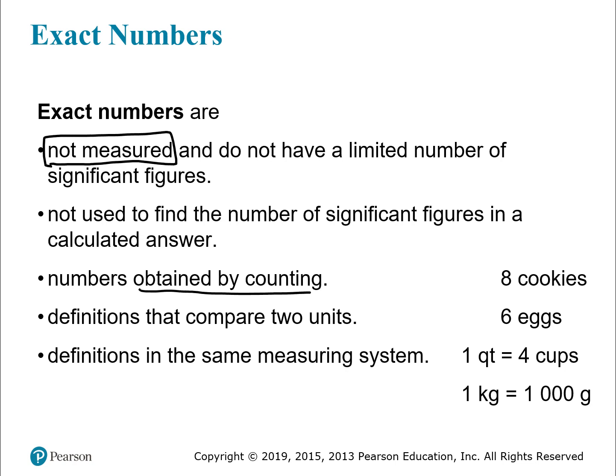Exact numbers can also be definitions that compare 2 units. So if you cook or bake, you may know some of the conversions between quarts and cups or tablespoons and cups and things like that. So an example would be 1 quart is equal to 4 cups. That definition, comparing those 2 units, that's exact.